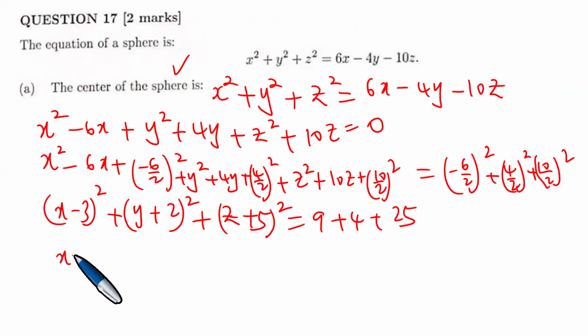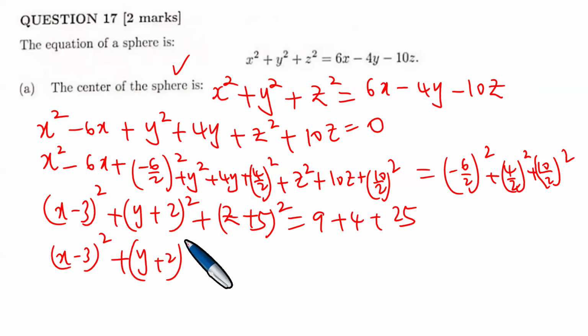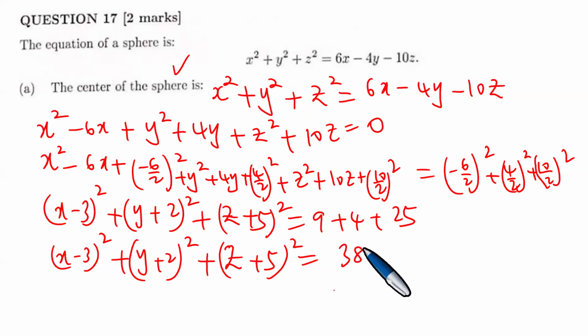Obviously this is x minus 3, which you square, y plus 2, which you square, and simultaneously you have z plus 5, which you square. Upon checking this carefully, performing the addition, you can see that it is actually 38, because 9 plus 4 is 13, and 13 plus 25 is exactly 38.